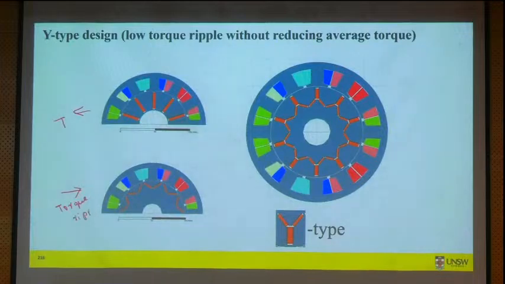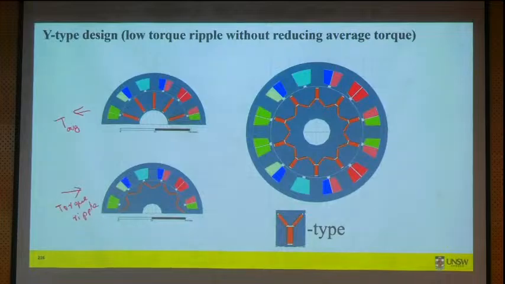So we decided to have another objective. One problem, as I mentioned, is that if you try to reduce torque ripple, usually the average torque also becomes lower. So we asked, can we find a design that gives the same high average torque, but with torque ripple as low as the V-type? That means combining these two designs.